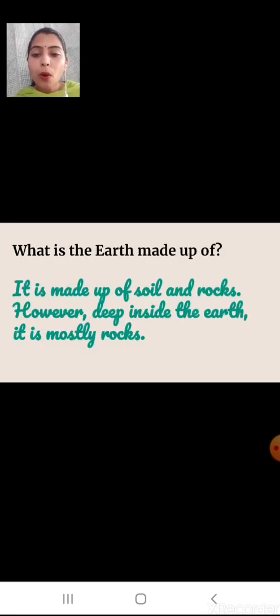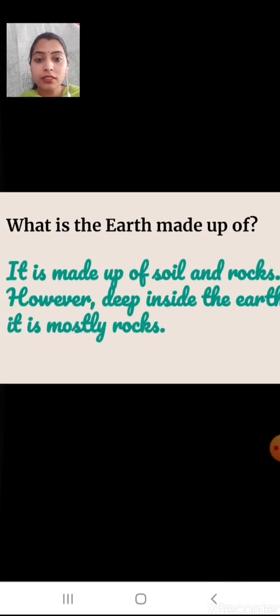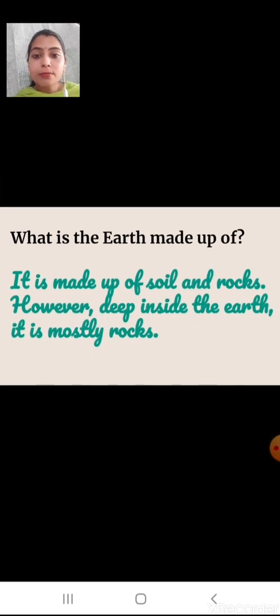Now, what is the earth made up of? In the earlier chapter we studied about the globe. Now, the globe is a miniature of the earth. The question is, what is the earth made up of? Means the earth is made up of which things, which material? It is made up of soil and rocks.